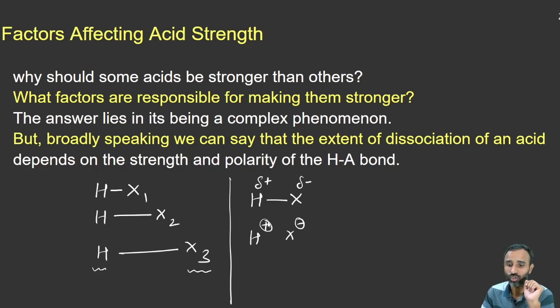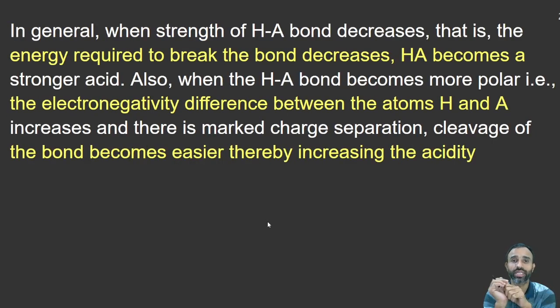Okay, so let's go to the next slide. When strength of the bond decreases, what would happen? It is easier to break the bond, and therefore that particular acid becomes stronger acid. And if the bond is more polar, then what happened?